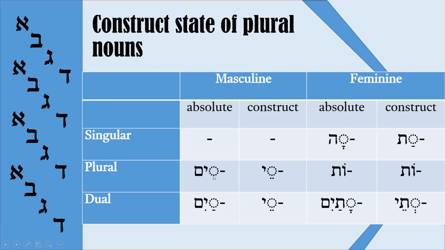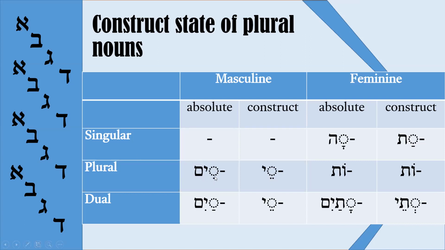And let us see the plural. It's actually very easy to find the construct form in the plural because it has a specific ending in the masculine form. Usually, the suffix or ending of the plural masculine noun is im, what we have: devarim, mishpatim, devar, devarim. In the construct state, it will be tsere yod.